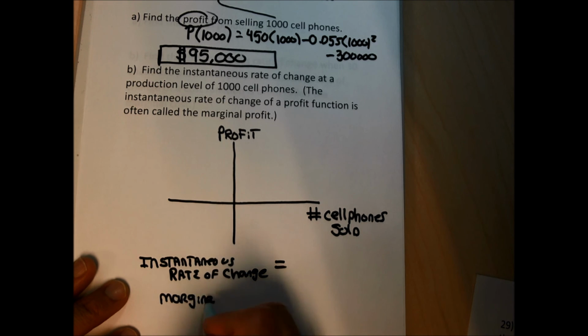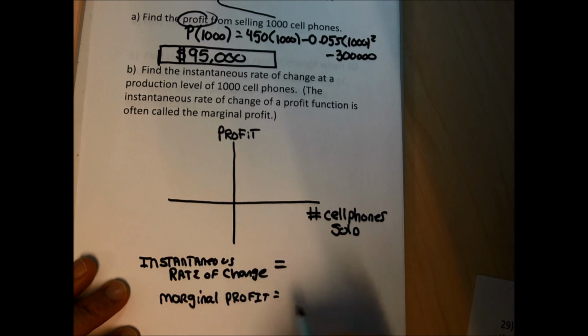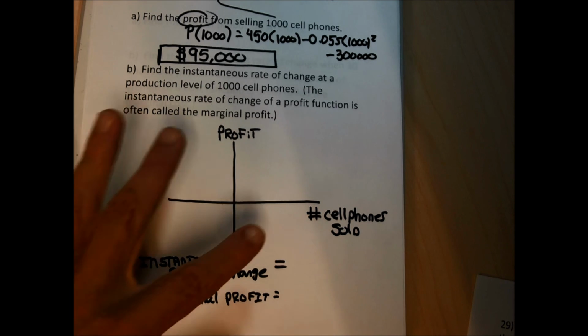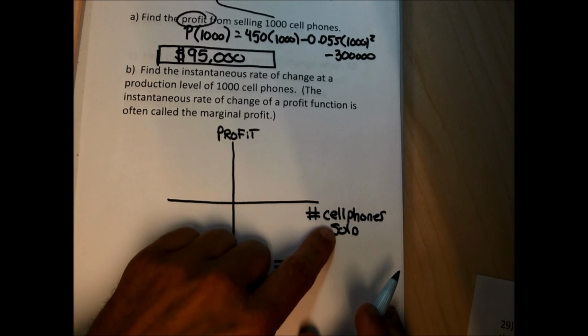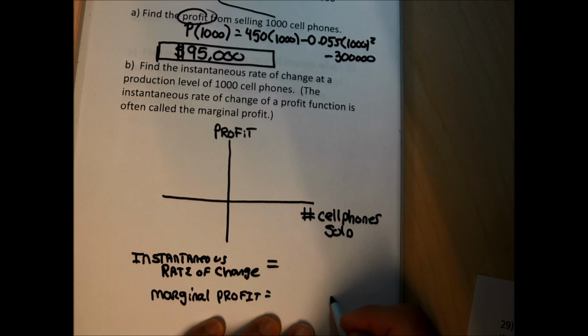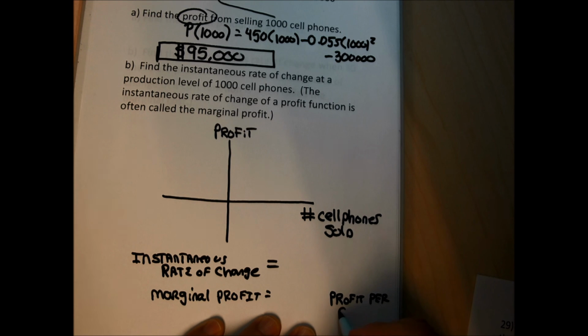In business, when you find the instantaneous rate of change of a profit function, it's called the marginal profit function. Both of these are going to be the same numerical answer, and it's going to be profit per cell phone sold. So my units: the y-axis is profit, so that goes first, and the x-axis is number of cell phones sold, so cell phone sold.